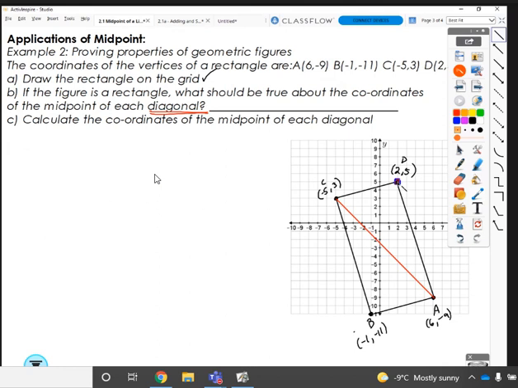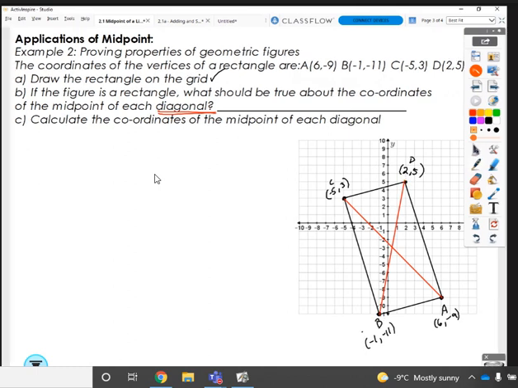And then another diagonal. Try to draw these in the best you can. So if this is truly a rectangle, the diagonals, it says here, what should be true about the coordinates of the midpoint of each diagonal?